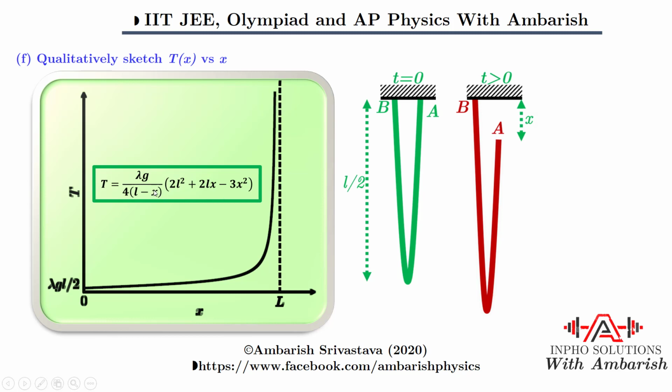So that's pretty interesting. When the chain is about to complete its fall, the tension will be very, very large. And this is the kind of graph that you get, tension as a function of x. Alright, so that's our discussion of problem 3 of INPhO 2019, and I hope you liked the solution.